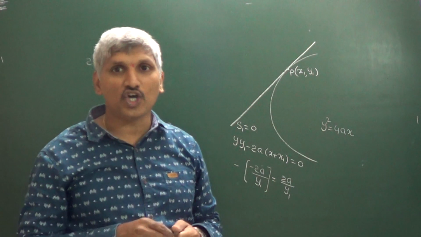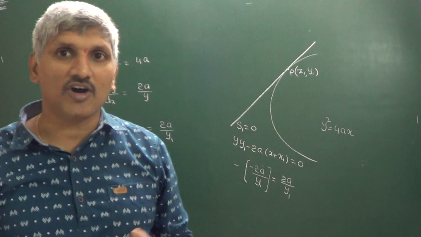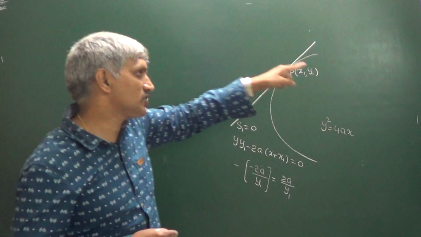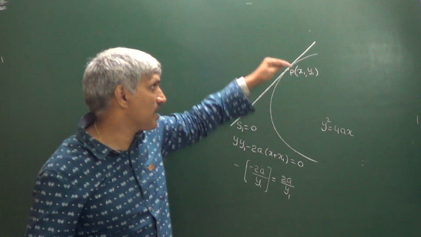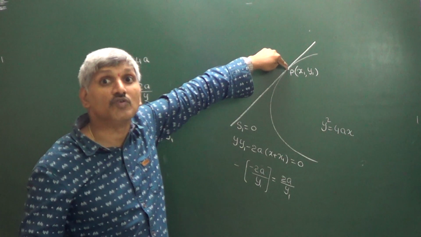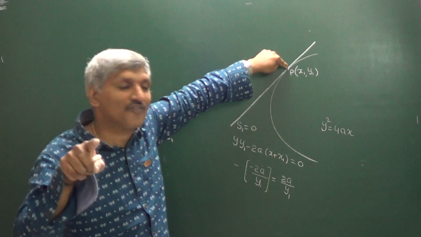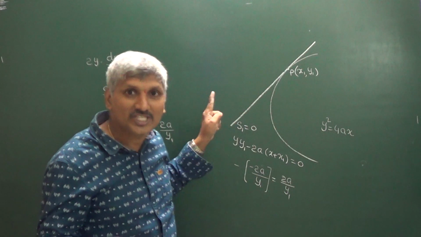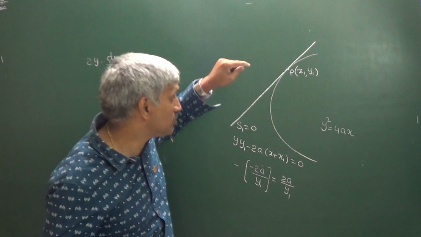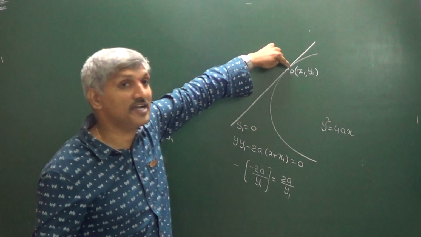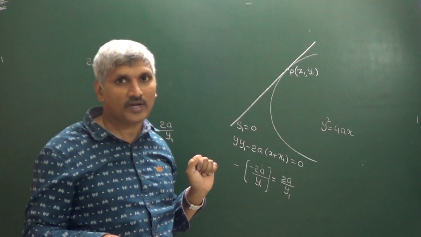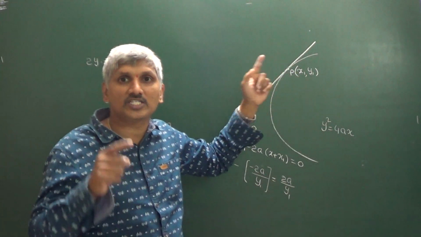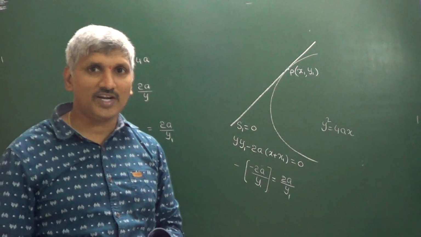That is the geometrical interpretation of differentiation at a point. The line we are drawing is a tangent to this curve at the point P(x1, y1), right? Differentiation at a point P is nothing but the slope of the tangent.